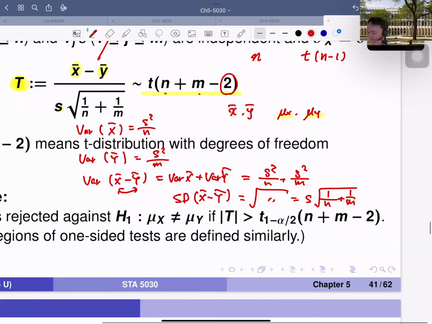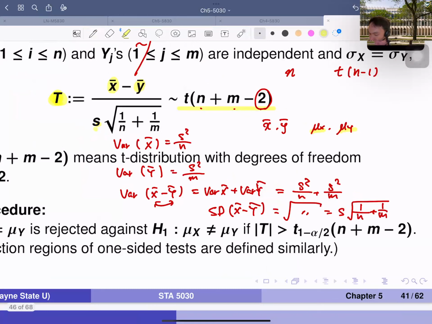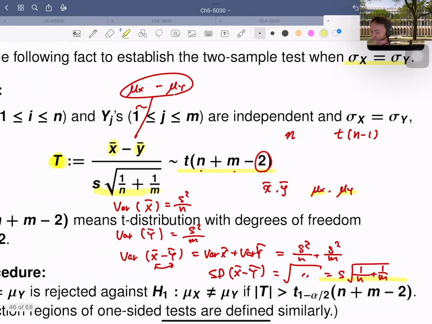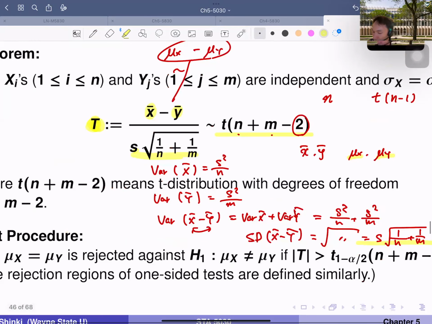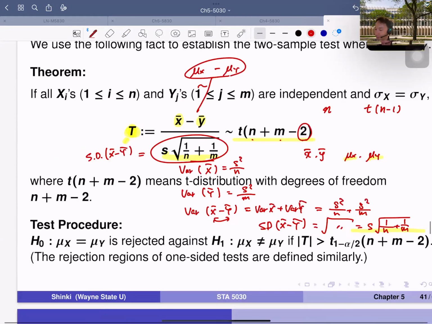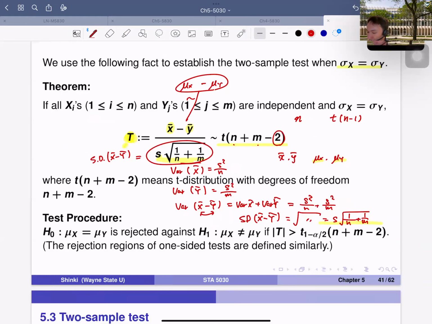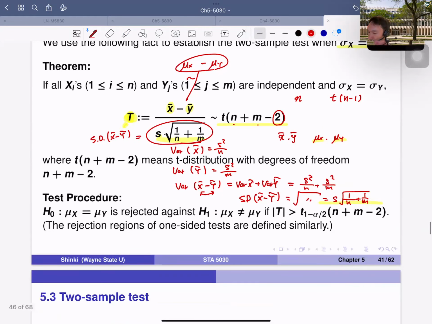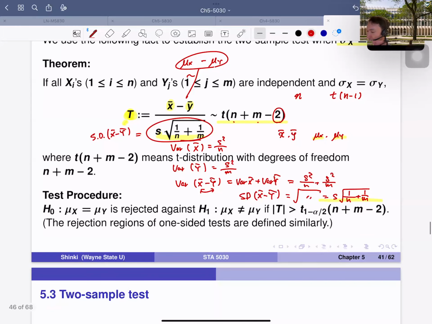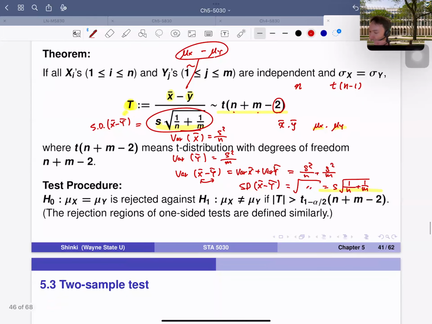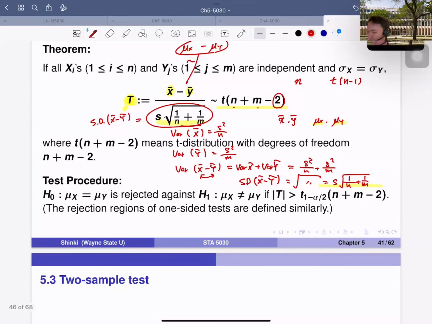So this comes from this reason. The x bar minus y bar divided by the standard deviation of x bar minus y bar, that is the t statistic. If the Xi's and Yj's are independent and sigma x and sigma y are equal, this t statistic follows the t distribution.